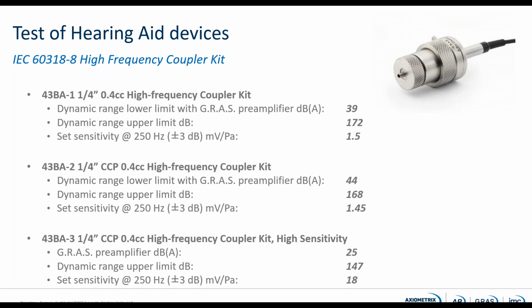It means that with the 43BA DAS3, you are able to get almost the same specification as you will have for a half-inch coupler. On top of that, you will have the higher frequencies, and you will also have the higher gain. So you will have a lot of benefits with a better signal to noise ratio.